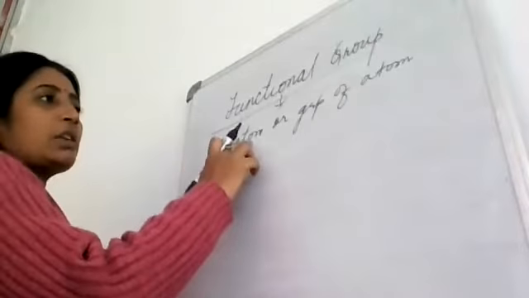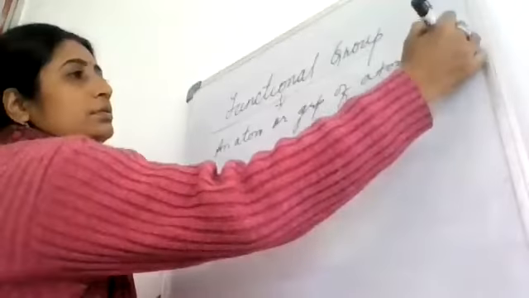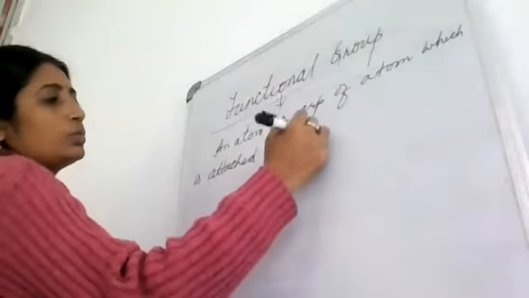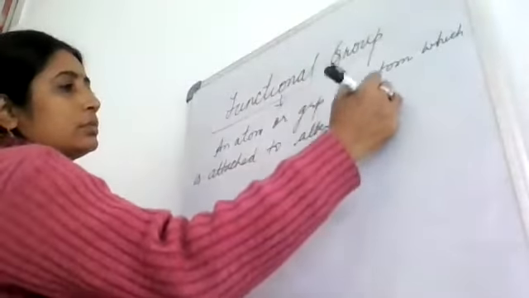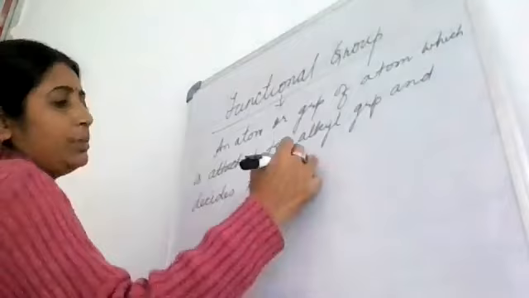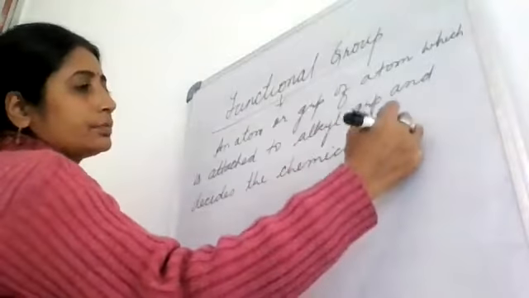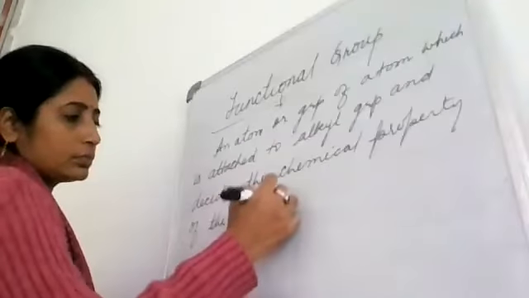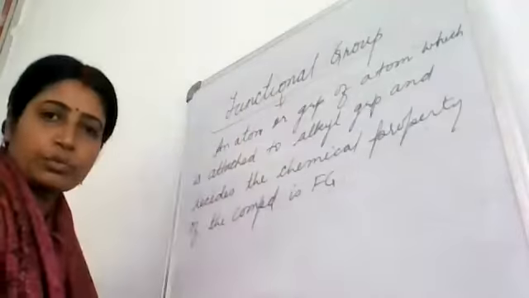Functional group is an atom or group of atoms which is attached to alkyl group and decides the chemical property of the compound. That is a functional group.